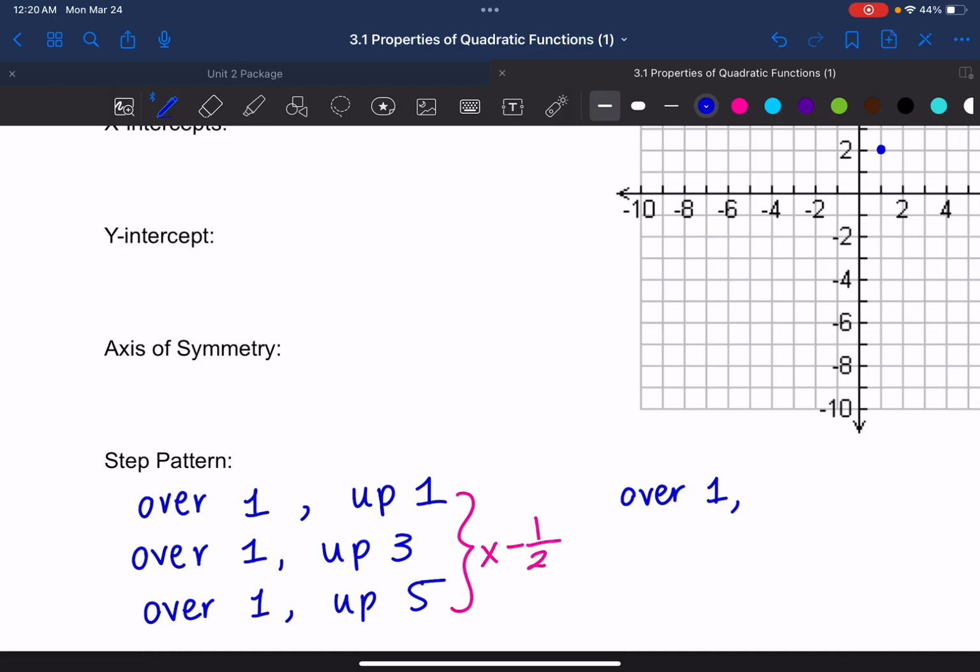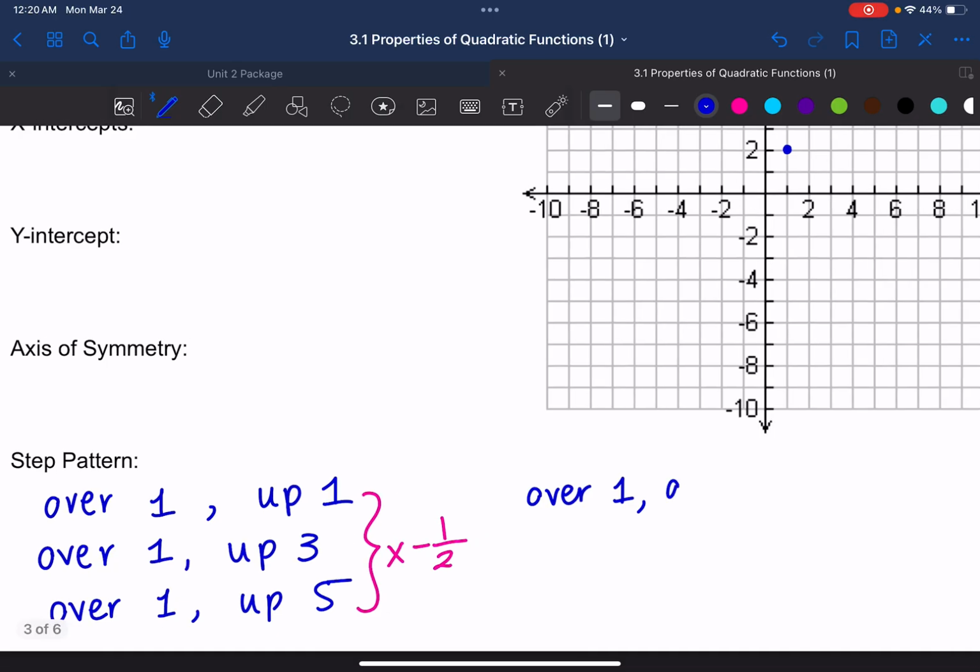So what I go over by does not change. That stays the same. But now I'm going to be going down. 1 times 1/2 is just 1/2, or 0.5. Right? So the negative sign, remember, tells me the direction I'm traveling in. And then I'm just timesing whatever the value is by my coefficient in front. Same thing.